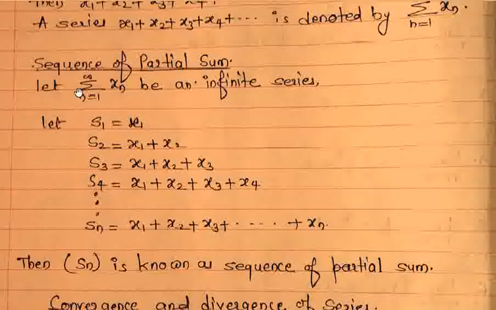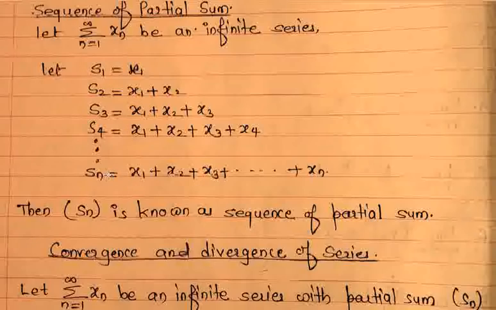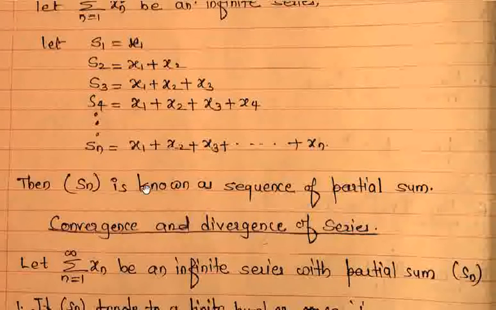Sequence of partial sums. Let the sum be an infinite series. S1 is x1, S2 is x1 plus x2, S3 is x1 plus x2 plus x3, etc. This is known as a sequence of partial sums.